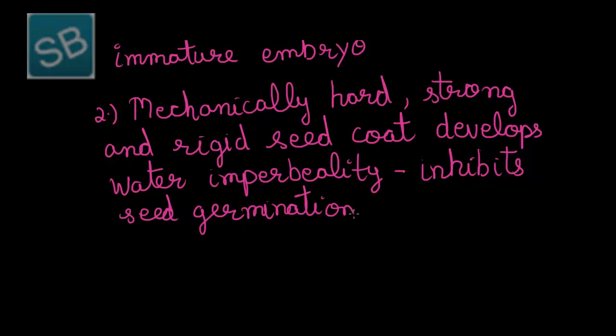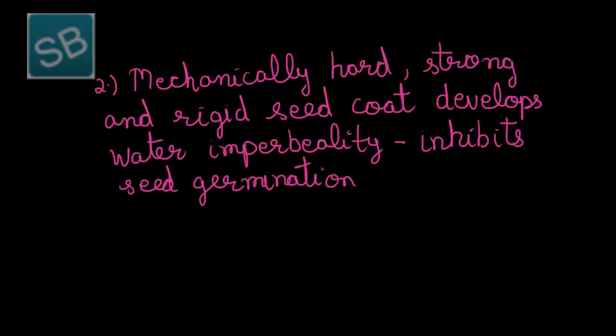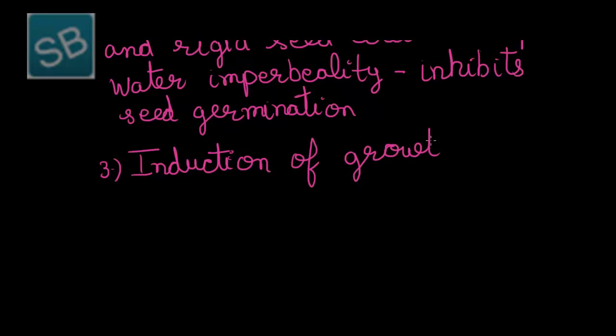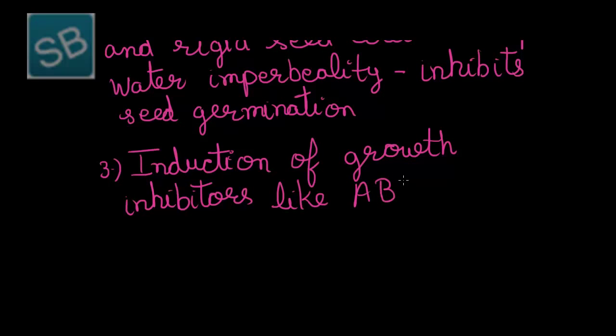The third and the most important cause of seed dormancy is induction of growth inhibitors like ABA, that is abscisic acid, which inhibits seed germination.